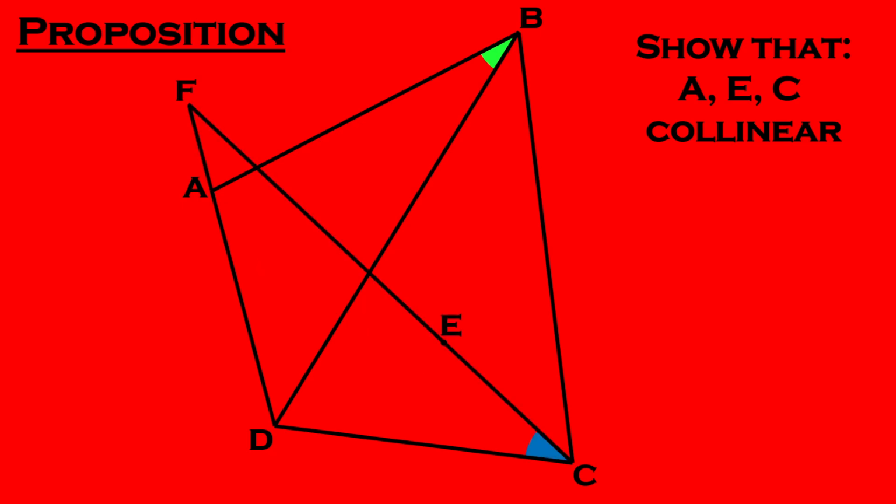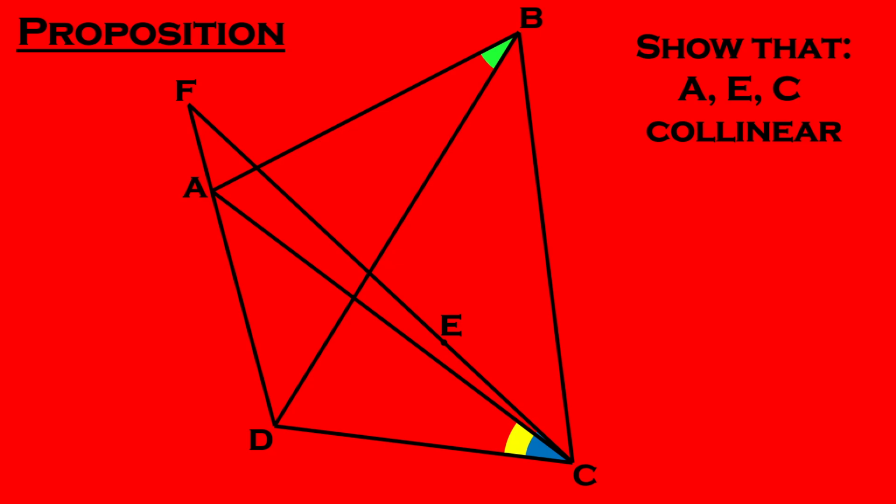Now, let's assume that the second scenario is true. We construct again segment AC, which together with segment DC form the yellow angle. Following the same logic as before, the green and the yellow angles must be equal to each other. But also the green and the blue angles are equal.